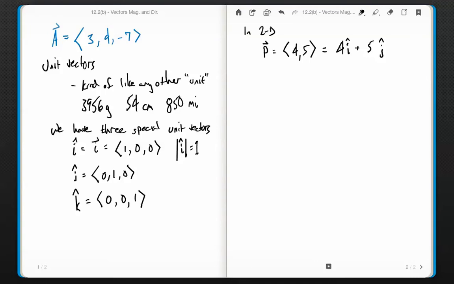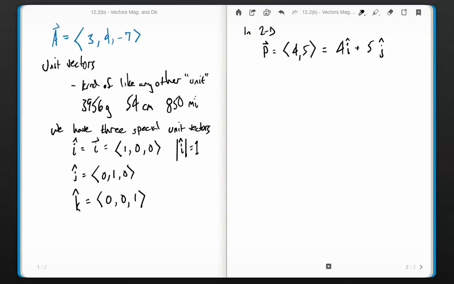The x component here is 4. That means it's 4 times this unit vector i. We scale this one up. The i points only in the x direction. We're going to make it 4 times as big. Sure enough, it's 4 in the x direction. This is a unit vector in the j direction. It points up 1, and we scale this by 5, so it becomes 5 in the y direction. That makes sense.